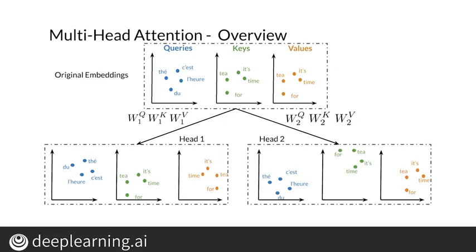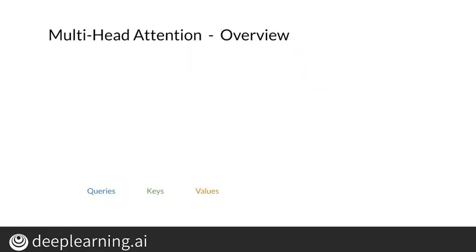In the transformer model, you get different representations by linearly transforming the original embeddings using a set of matrices W superscript Q, K, V for each head in the model. Using different sets of representations allows your model to learn multiple relationships between the words from the query and key matrices.